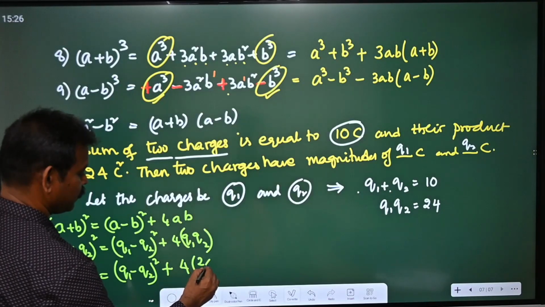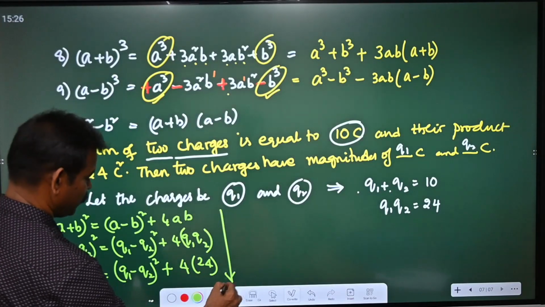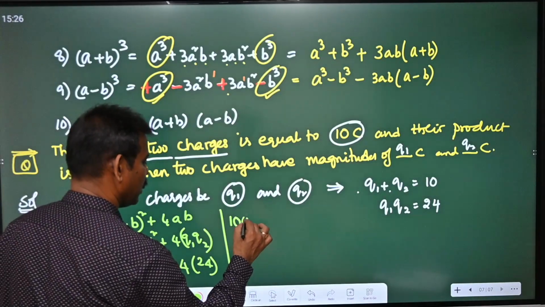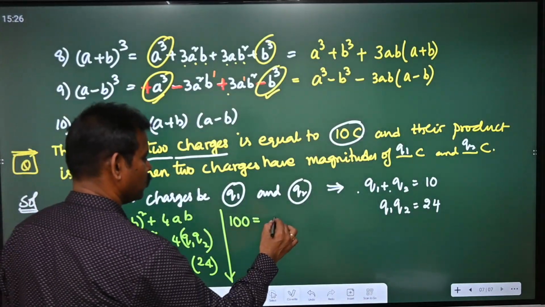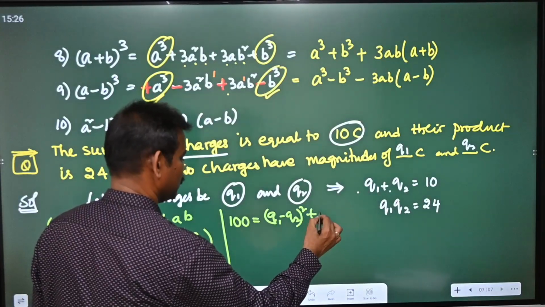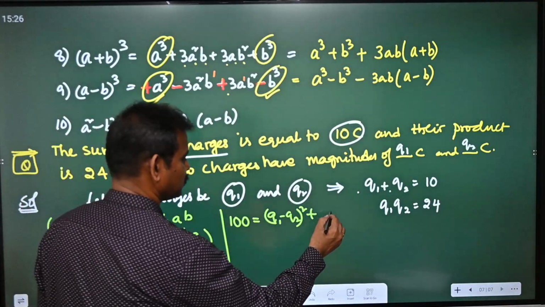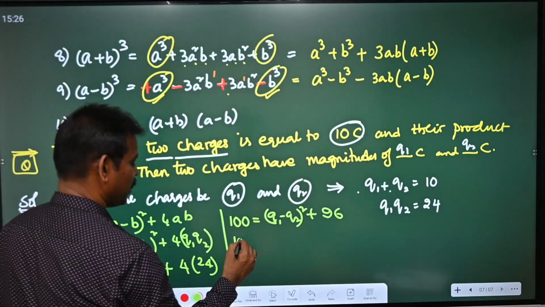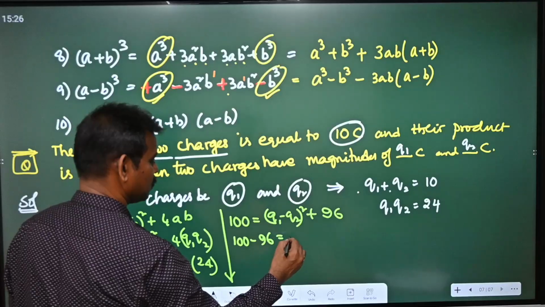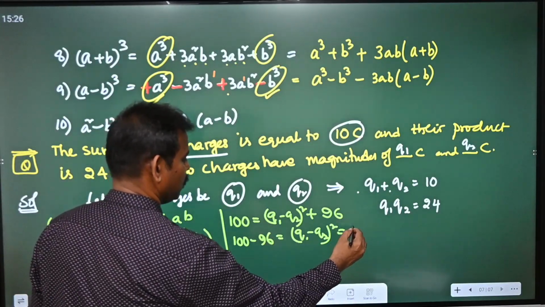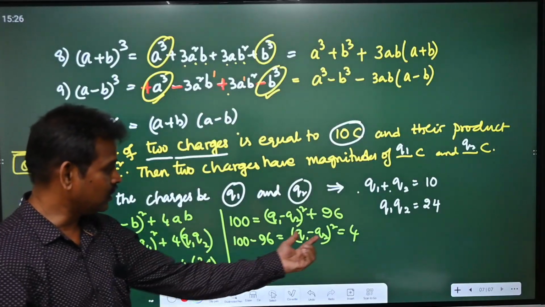Now 10 square is 100, so 100 is equal to Q1 minus Q2 whole square plus 24 fours are 96. If you bring this 96 here, 100 minus 96 is equal to Q1 minus Q2 whole square, which is equal to 4.